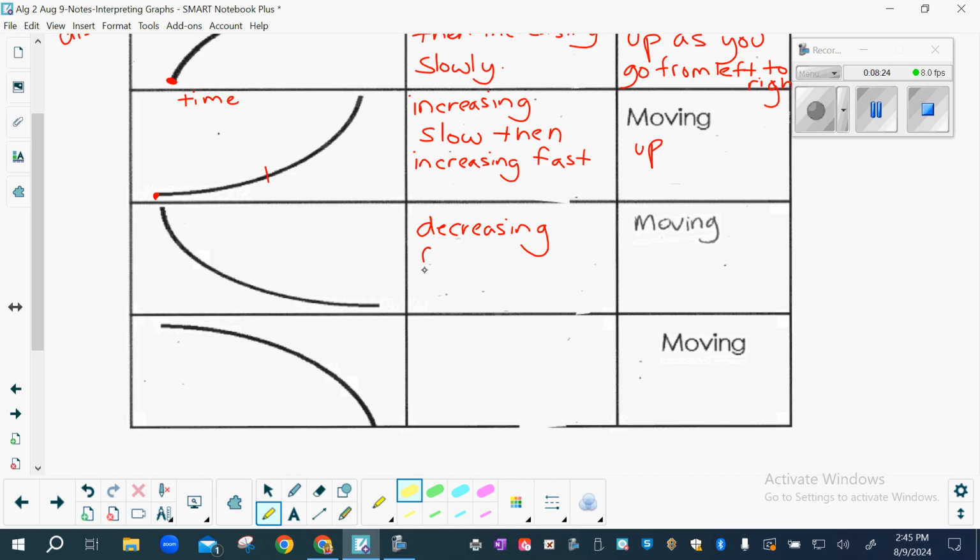So decreasing fast. Then this part of the graph is decreasing slow. And we're moving what direction? Down. And again, as you go from left to right, fill in the last two boxes on your own. I see some of you have already.